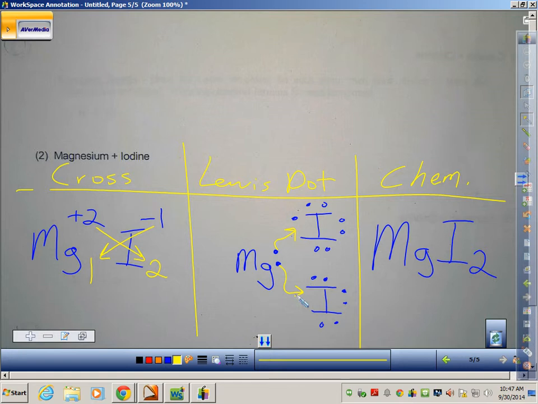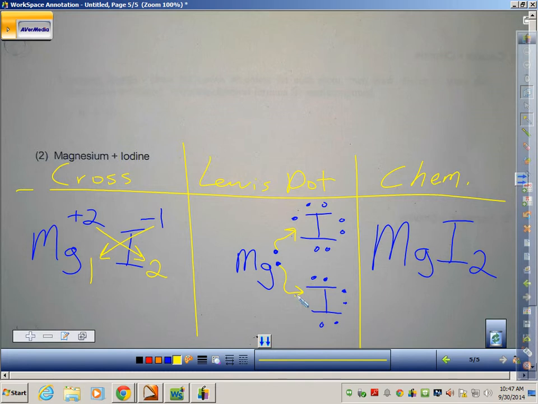You will never see 2 things in the families 1, 2, and 3 bond with each other ionically. They'd have to be a covalent bond at that point. And you will never see families 5, 6, and 7, well, and 8, because they don't bond, but 5, 6, and 7 bonding with each other, right? Because they have the same oxidation number, positive or negative, right? You get that?